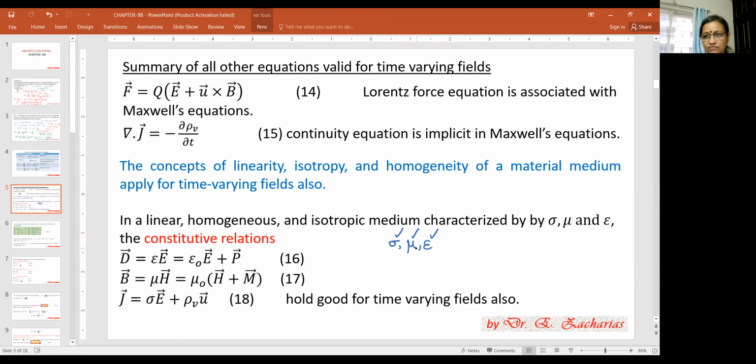As we go along, in every problem, these three will be given. And these three are called the constitutive parameters.